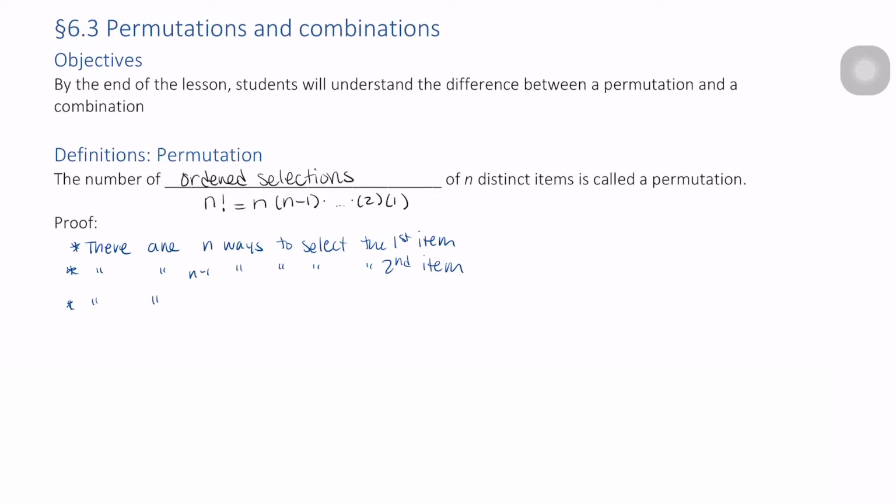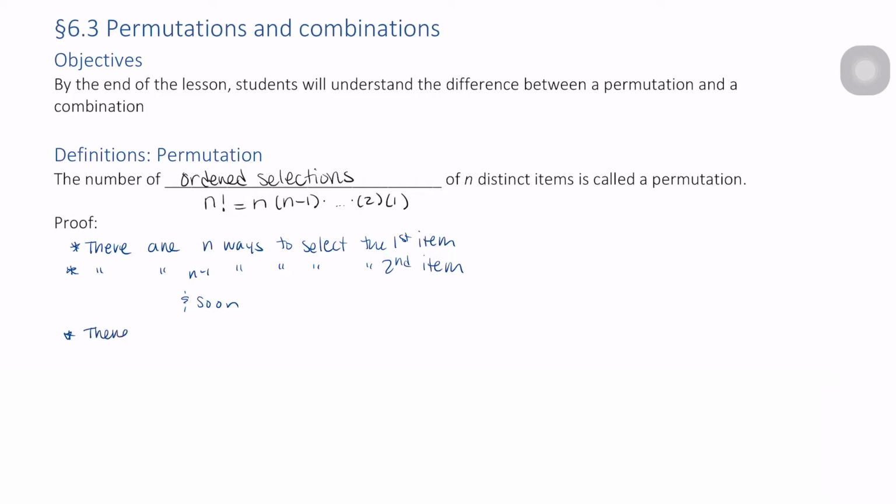And we can keep going in this manner. There'll be n minus 2 ways to select the third item, and so on, until we get to the second and last item.